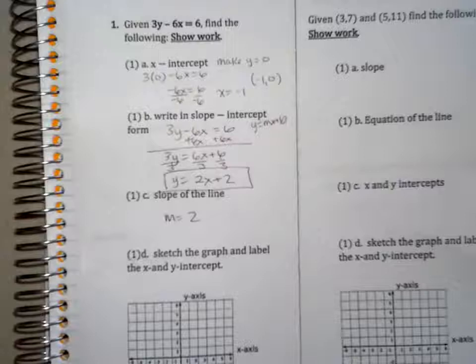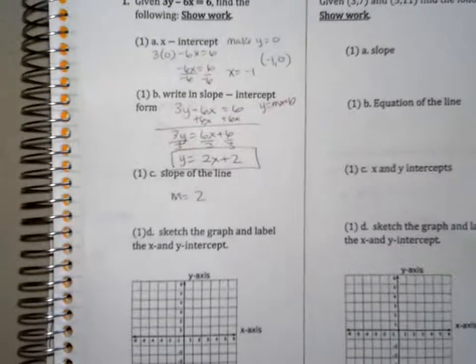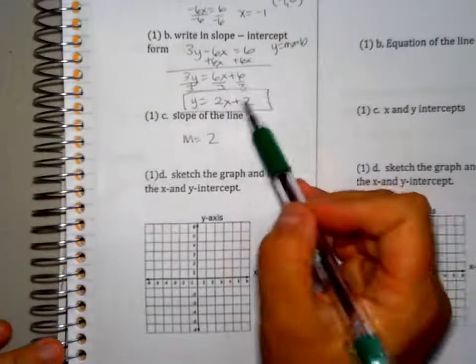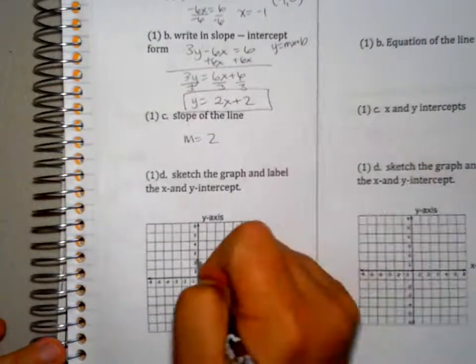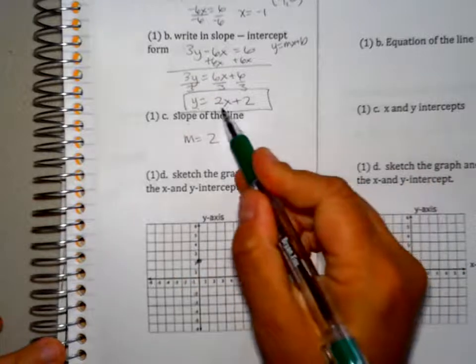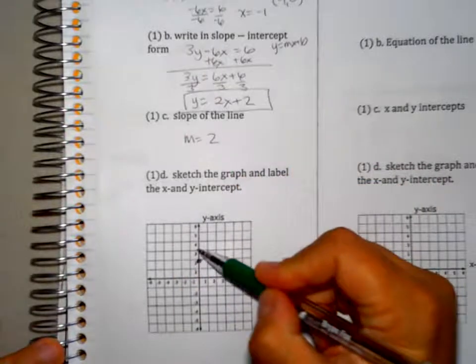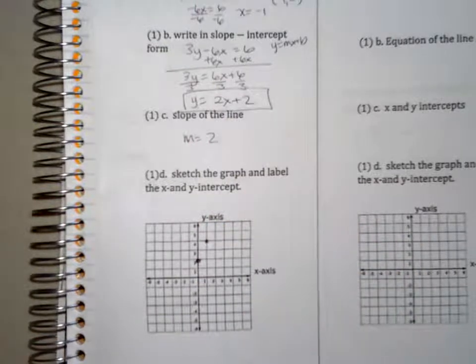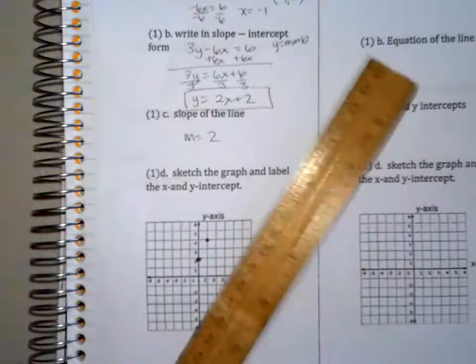And then you need to sketch the graph, label the x and y intercepts. So my equation of the line is y equals 2x plus 2. Remember, you start at your y-intercept, starting at 2. And that's like 2 over 1. So I'm going to go up 2 over 1. And then you just connect the dots.